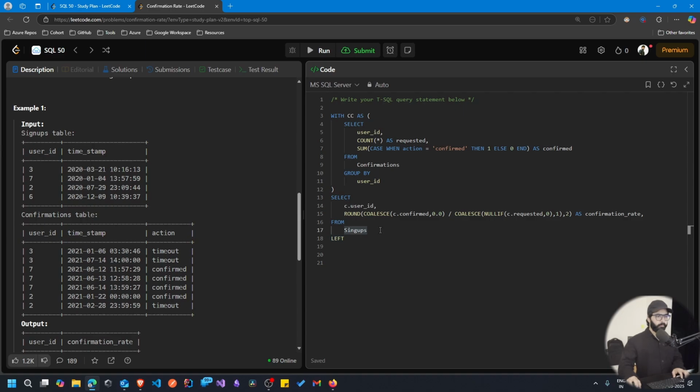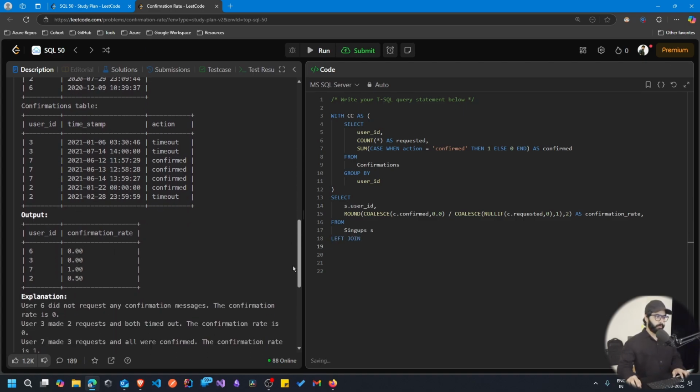So this should be signups as s, and this must be our s dot user id, and then left join, and this should be confirmations c on s dot user id is equal to c dot user id.